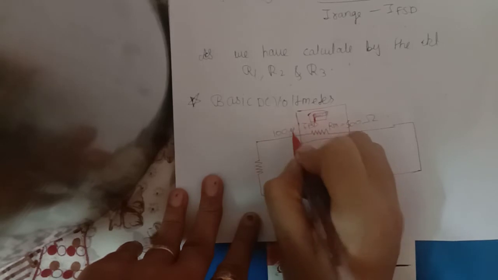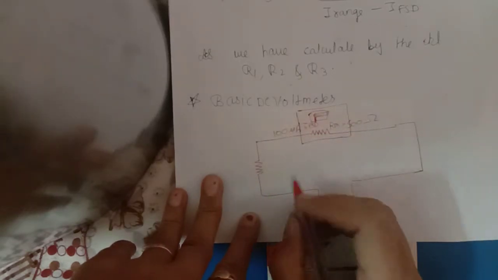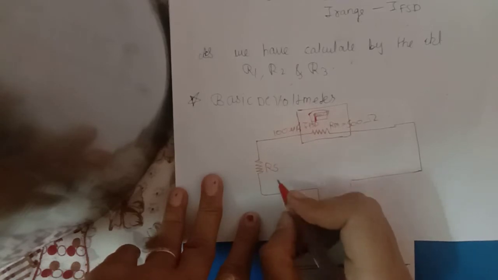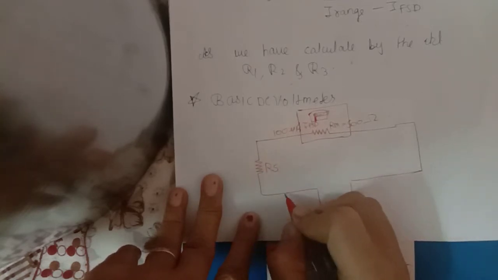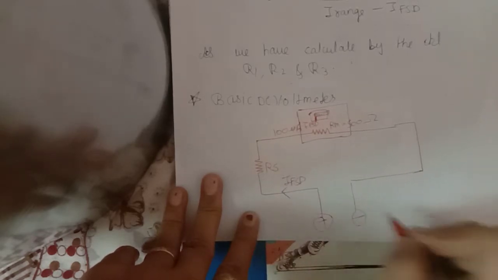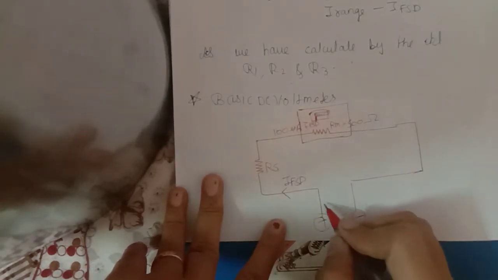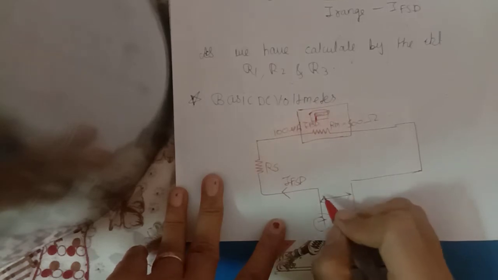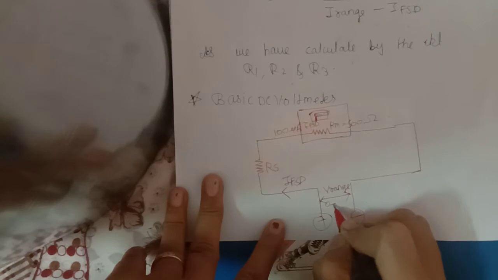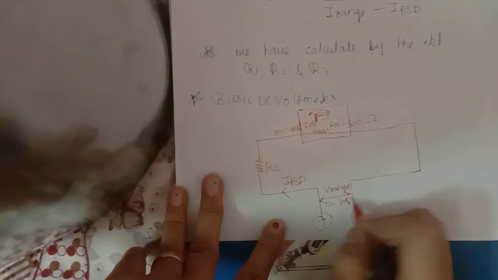This is Rs, which is the multiplier connected in series. This is the supply given to the circuit, the voltage. The V range is 0 to 10 volt.